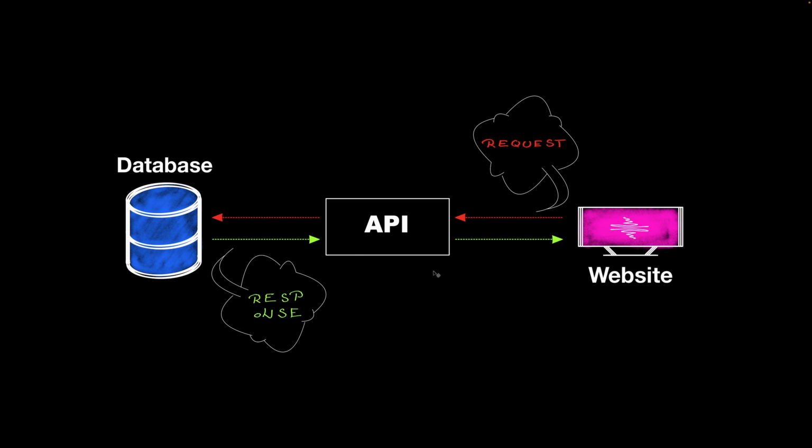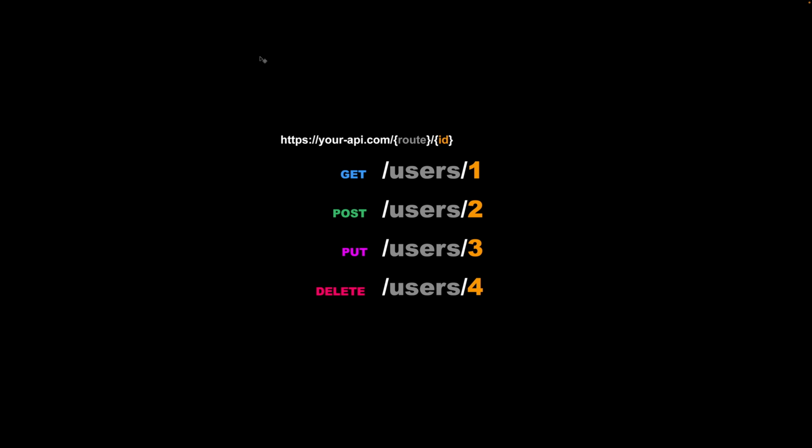Let's now go a bit deeper into how an API is actually defined. Each API is going to have an endpoint. Basically that's the URL by which you can actually access your API. And each URL is going to have several routes and also identifiers.